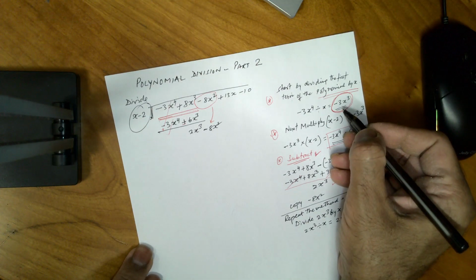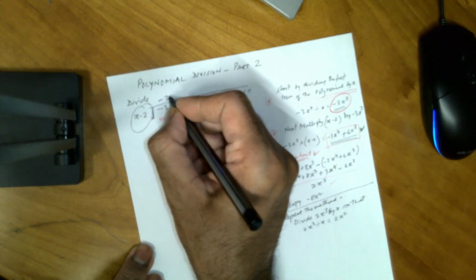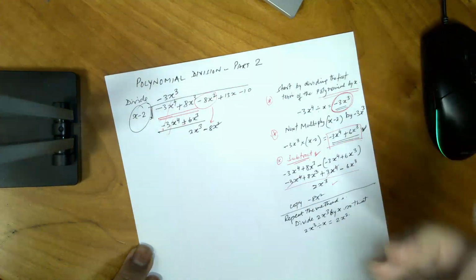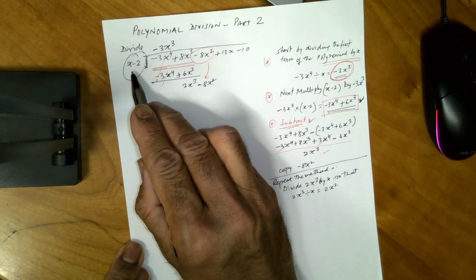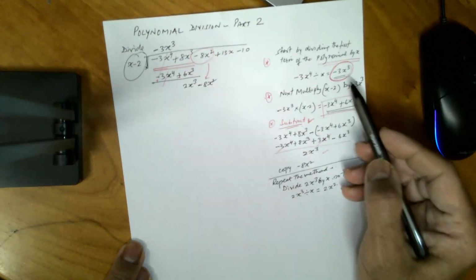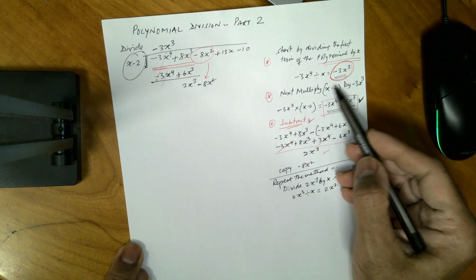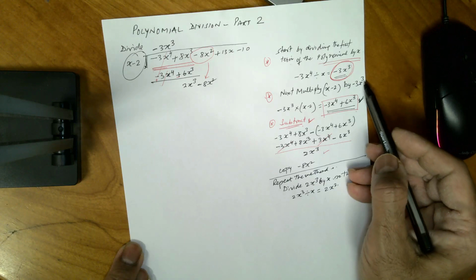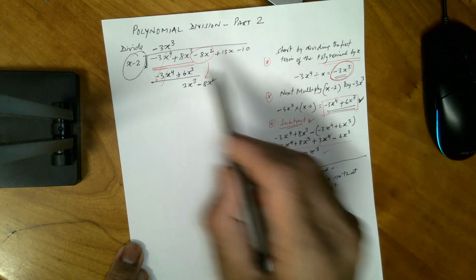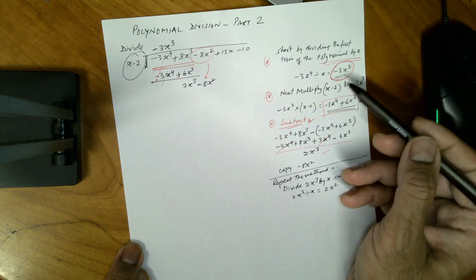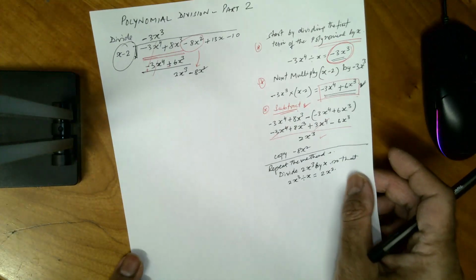You need to write this here, because this is exactly like you do any kind of division. You multiply what you got by the outside one, which is x minus 2. So the next bit is to multiply x minus 2 with the minus x cube. That should go straight in here, even before we move on, just in case we forget it later on.